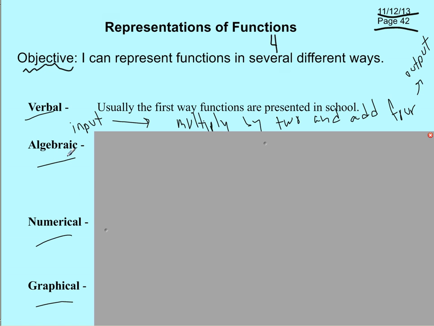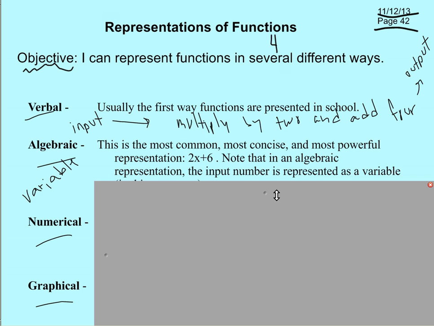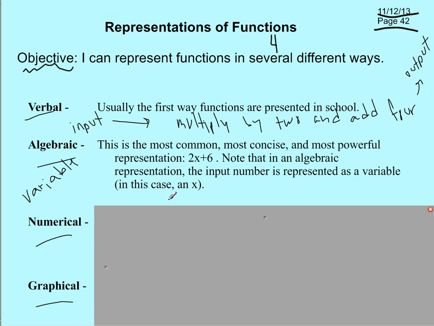The second way we can look at a function is algebraically, using algebra. Algebra is all about variables, and an algebraic representation of a function is simply an equation. This is the most common way you're going to see a function. It's also the most concise. Concise means short, okay?